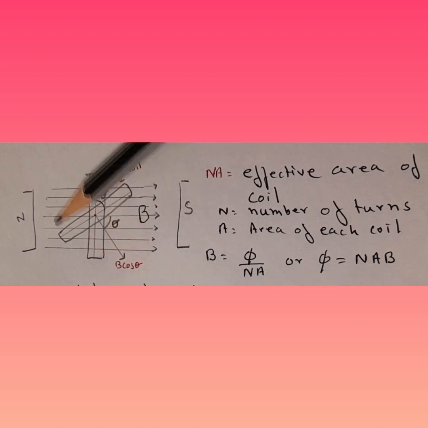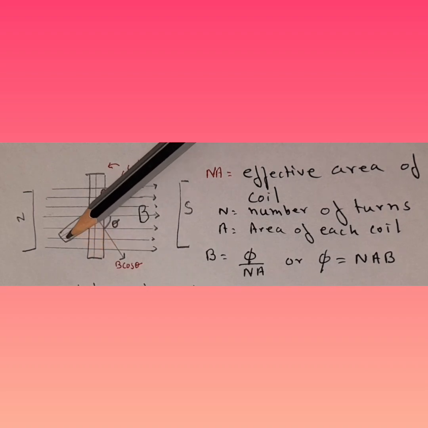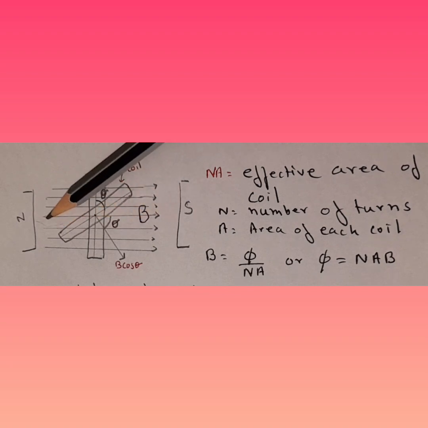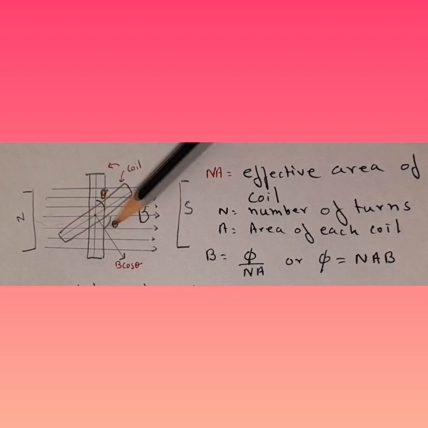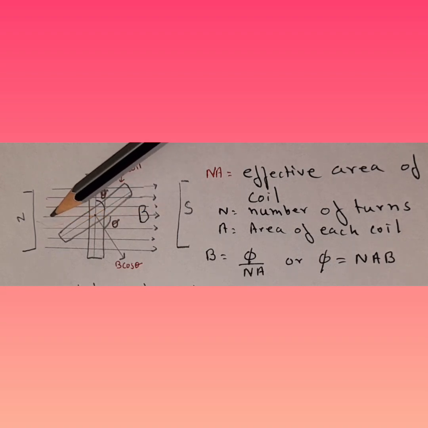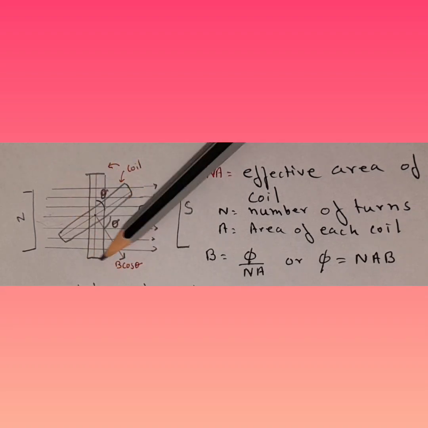Again it would be 0. On further rotation, when it comes here, it would be 270 degrees. At 270 degrees the EMF generated would be maximum, but in the opposite direction. Then when it rotates and comes back to its original position, it would be 0. This keeps on happening that way.